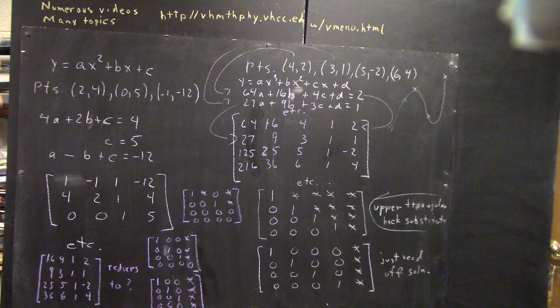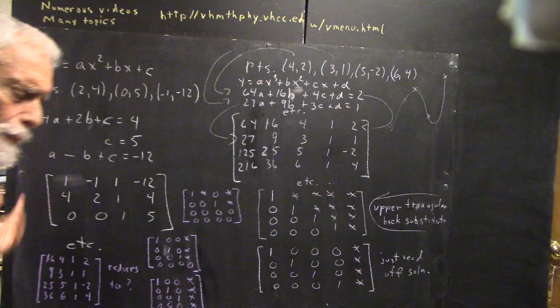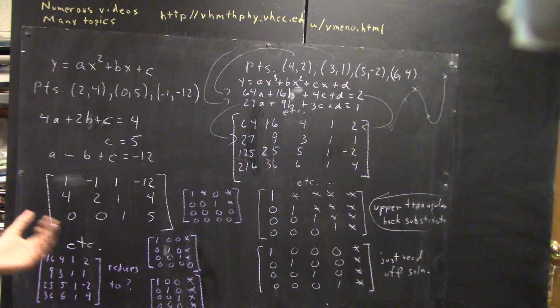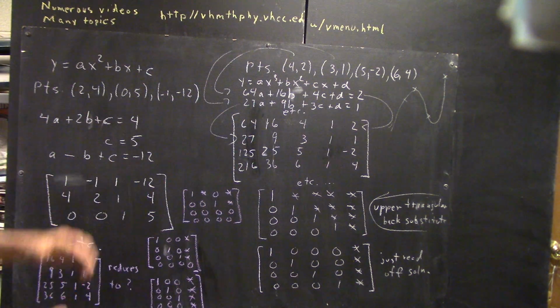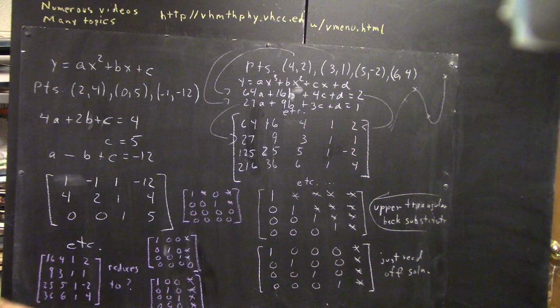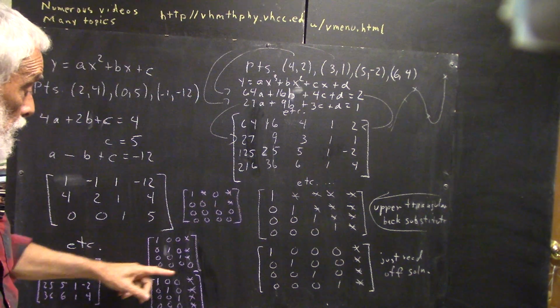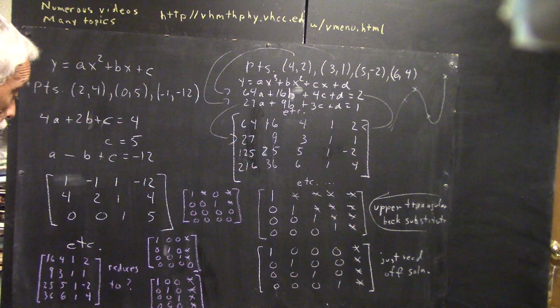So if our 4 points are consistent with a quadratic model, which in general they would not be, but they could be, then we're going to be fine. We just reduce this system and we get something like this, and the last row doesn't give us a contradiction.